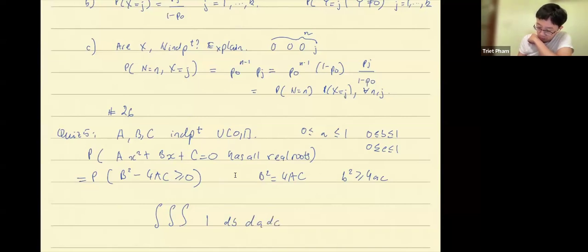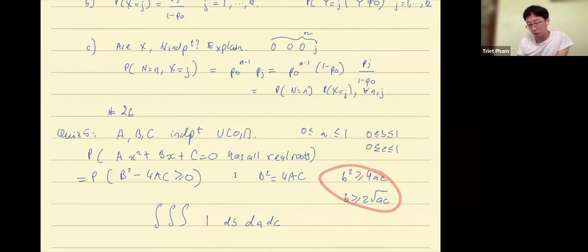The reason is because b squared is bigger than 4ac, so that means B itself is bigger than 2 square root of AC. Notice here, I already utilized the fact that A, B, and C are positive, so that when I take a square root, I don't have to involve absolute value.